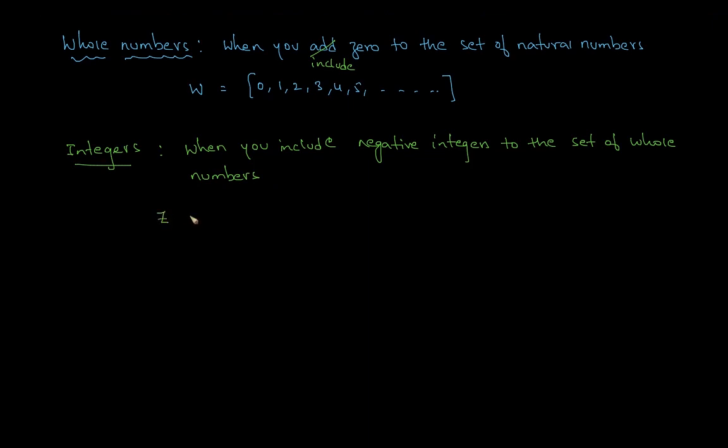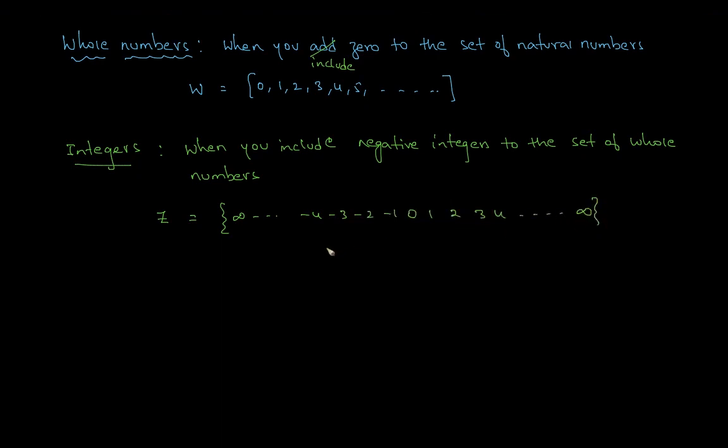Integers are denoted as Z. From the left side it starts from infinity, so you have infinite numbers: minus 4, minus 3, minus 2, minus 1, 0, 1, 2, 3, 4, and on this side infinity.